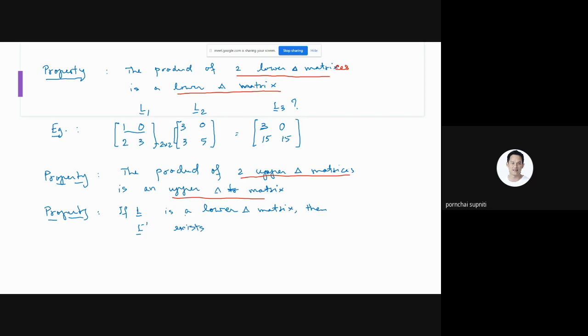You know what exists means, right? And similarly, if U is an upper triangular matrix, then U inverse exists.